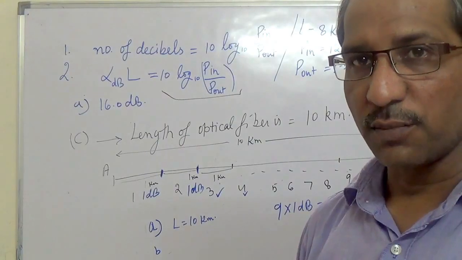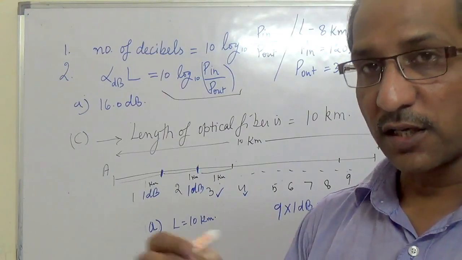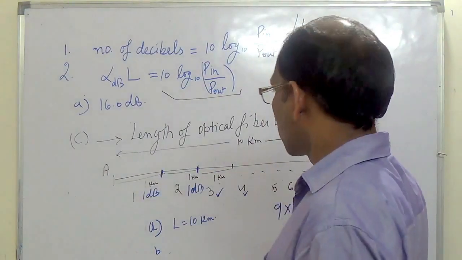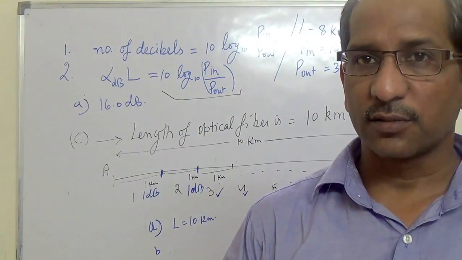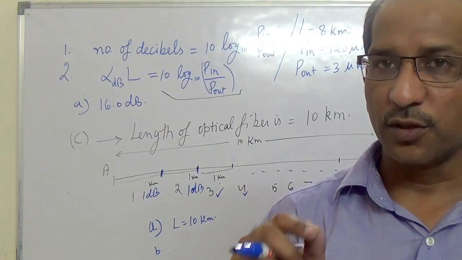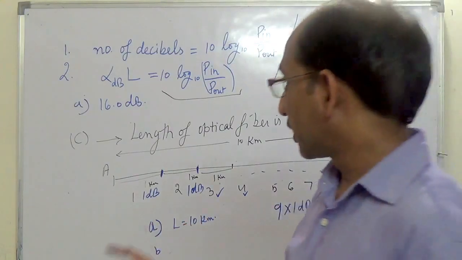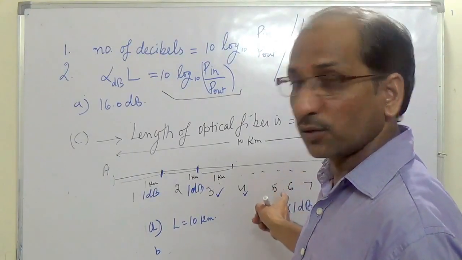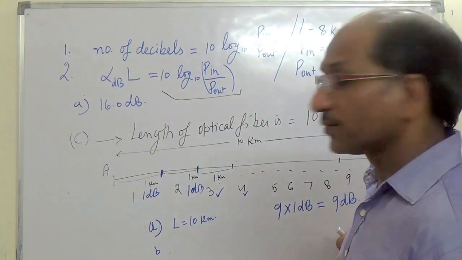We are solving this C part of the numerical, and in this C part there are again 2 parts. One is because of the total length, the loss into the signal, and second is because of the connectors, because of the splicer. And at each interval we lose 1 decibel. So there are 9 intervals in 10 kilometer, so we will lose 9 into 1 decibel. Total is equal to 9 decibel.